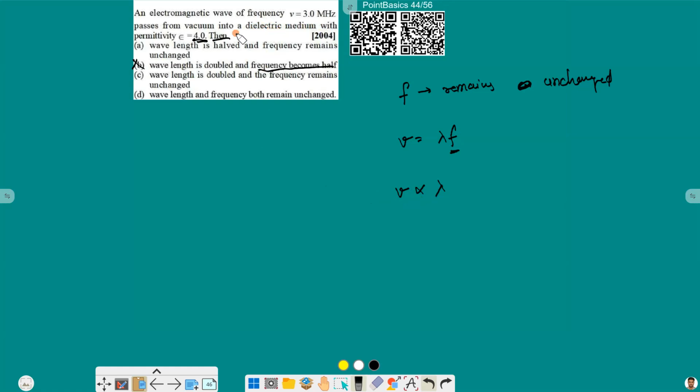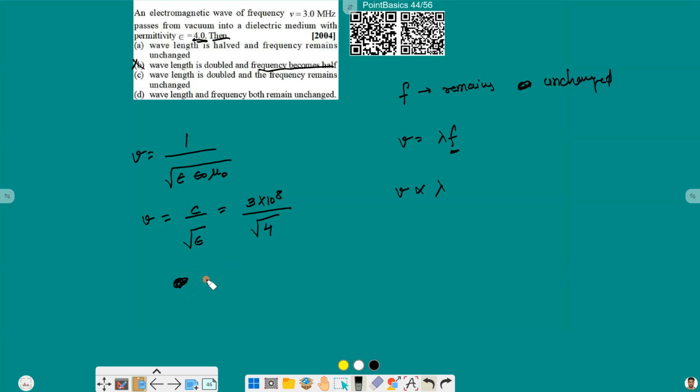Now in a dielectric medium with permittivity 4, assuming it is a non-magnetic material, we have the relation that V will be equal to 1 over the square root of epsilon, the dielectric constant, into epsilon naught into mu naught, and this will basically be C by square root of epsilon. From this we know C is 3 into 10 raised to power 8 and epsilon is 4, so the square root of 4.